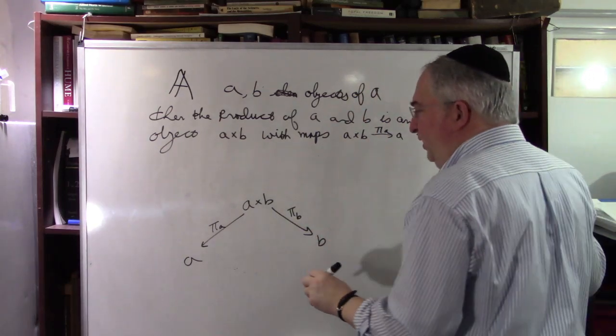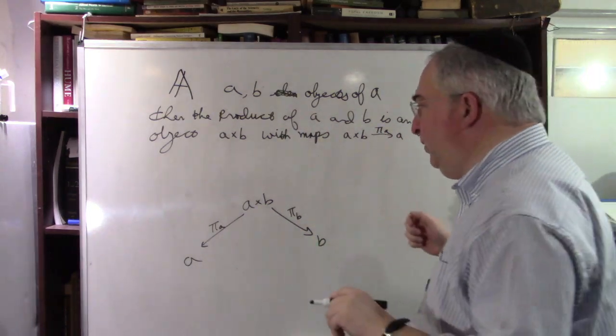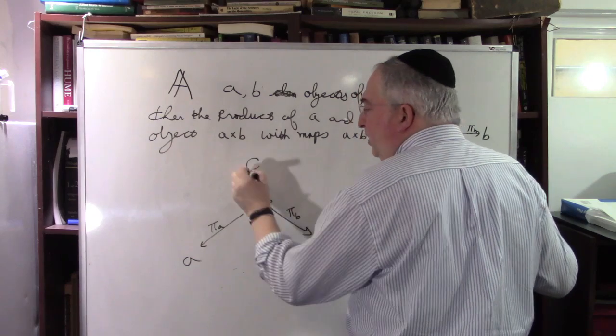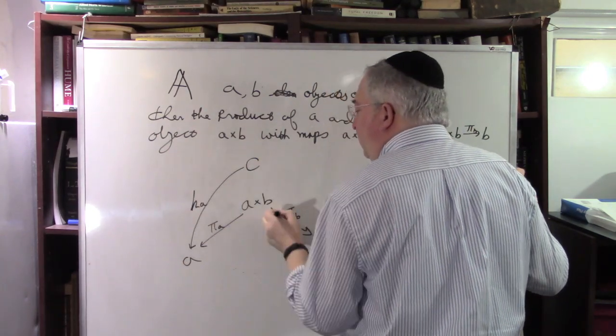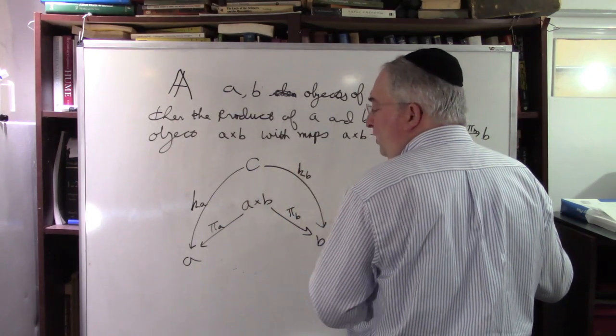Very important. You ready? And again, I'm not going to write it here because you're going to read it in the book, but I just want to go through it. For any object C with any morphism like this, call that K of A, and any morphism like that, call that K of B, okay?